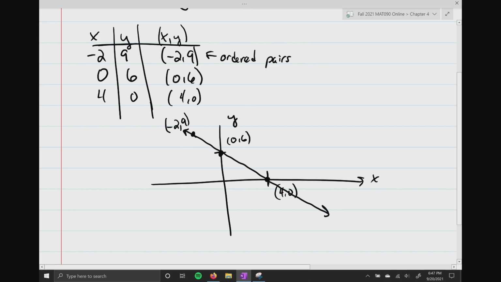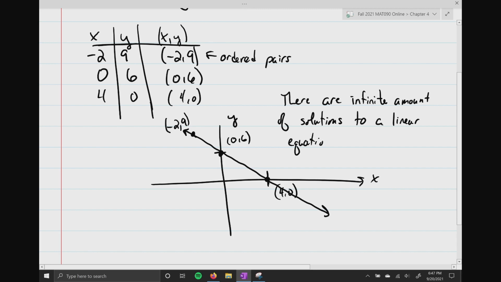Now, here's something that's really interesting about a line, okay? There are infinite amounts of solutions to a linear equation. And what we mean by that is this, okay?